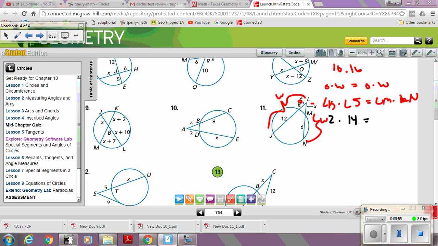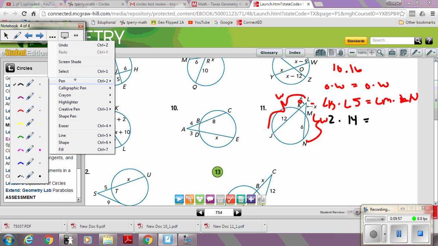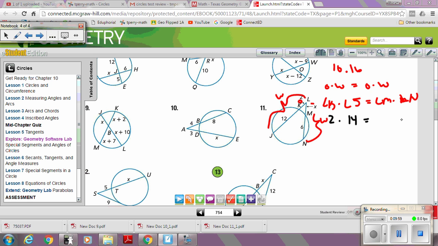All right, it's X, times the whole thing would be x plus 6. So now we multiply 2 and 14, we get 28. On the right, you distribute the x, you get x squared plus 6x.